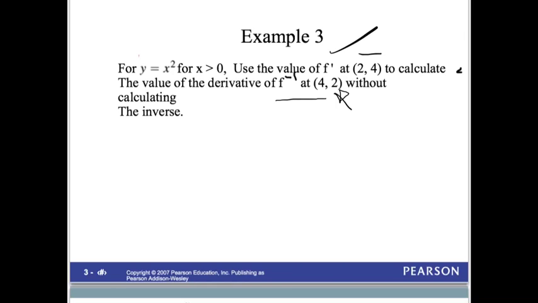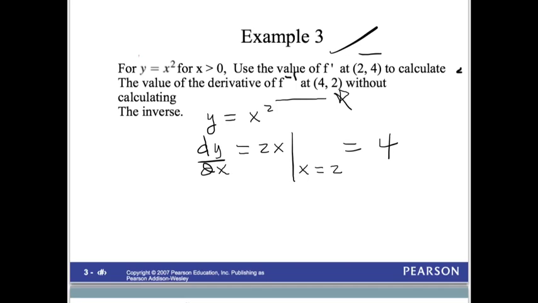So now, y is equal to x squared, so dy/dx is equal to 2x, and at the point x equals 2 it is equal to 4.